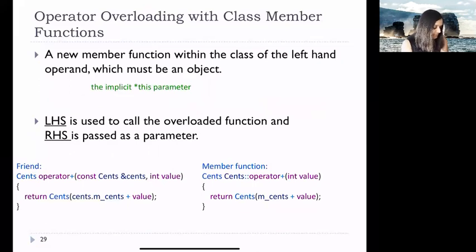Now, operator overloading with class member functions. Let's just take a very brief glimpse at this. This is a pretty complex concept, depending on whether you're using class member functions or friend functions. Again, if friend functions doesn't ring a bell, the textbook is your best friend.